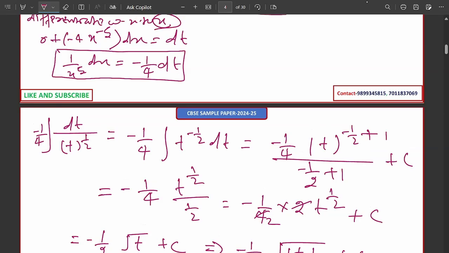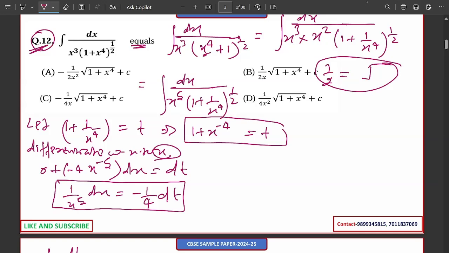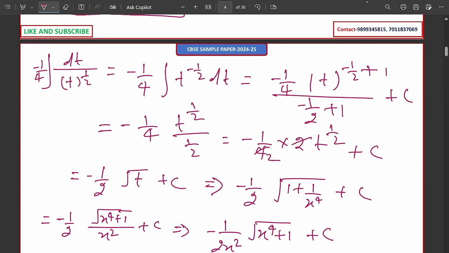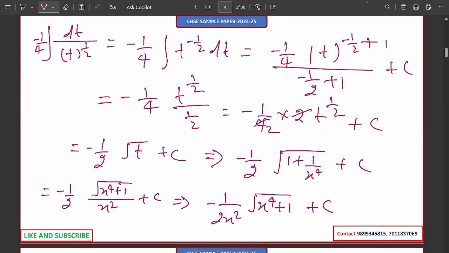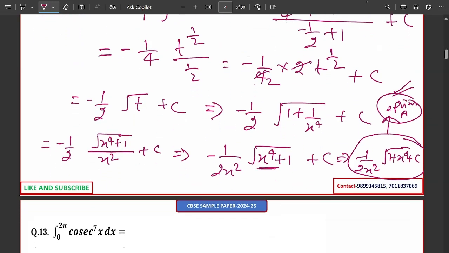So we just match the option. Option number A is correct. This same expression we can also write as minus 1 by 2x square root of 1 plus x raised to the power 4, plus c. So option A is the correct one. This is the solution of this question.